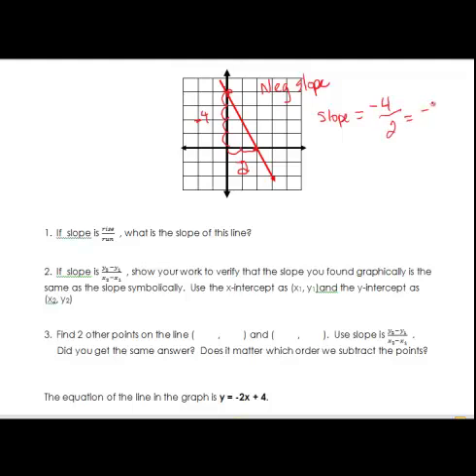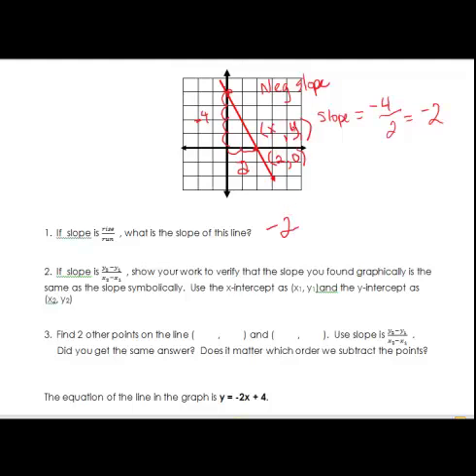Now, if we use the slope formula, we should get that same slope. The slope formula has all these subscripts in it. Well, we're going to start out and just call this point right here x1 and y1. But in reality, we know that point to be the x-intercept, so it is 2 in the x direction and 0 in the y direction. So x1 is equal to 2, y1 is going to be equal to 0.